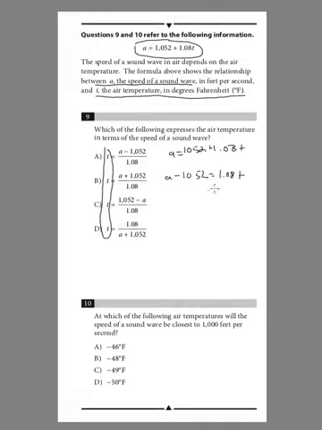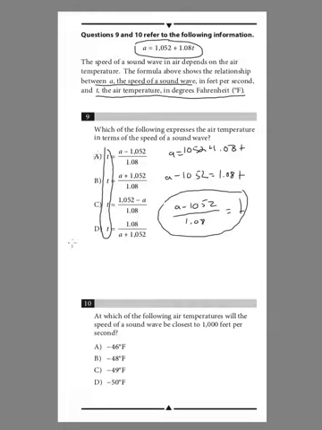To isolate t again, we divide by 1.08 on both sides. You have A minus 1052 divided by 1.08, and that's equal to t. Basic algebra to solve for our answer.